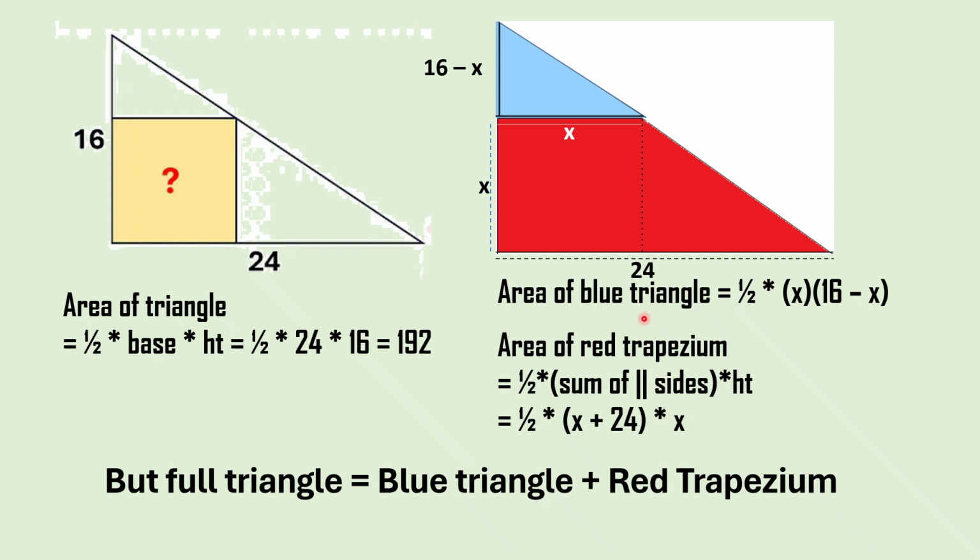So if we add these two areas, it should be equal to 192. Area of the blue triangle plus the area of the red trapezium should be equal to the area of the full triangle. So we will add these two and equate it with 192. Let us see then what answer we get.